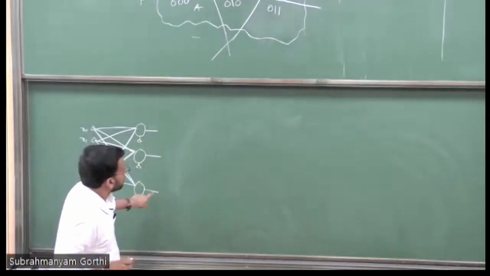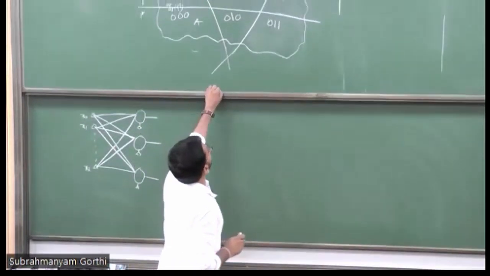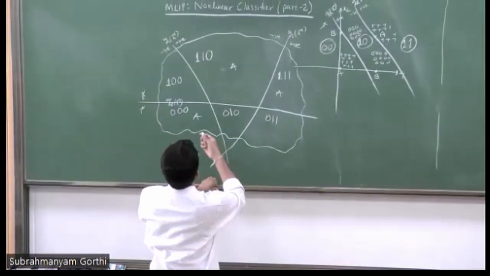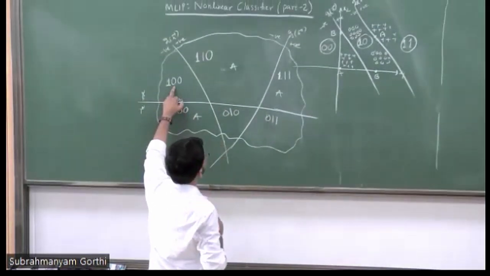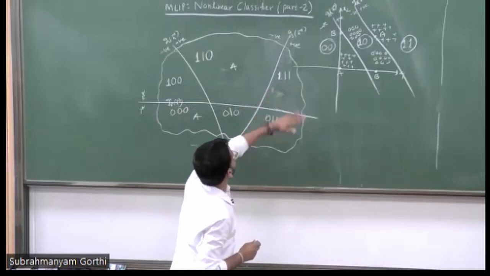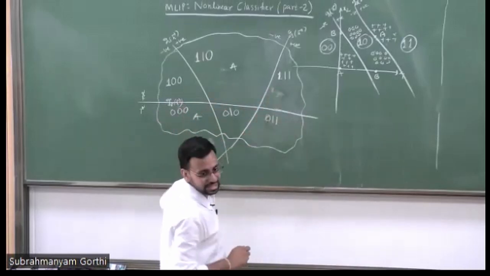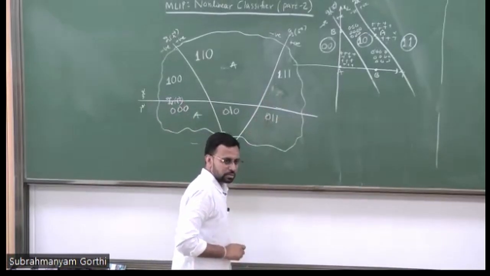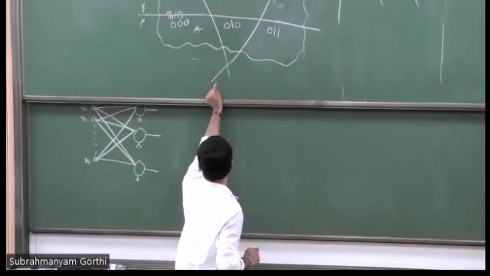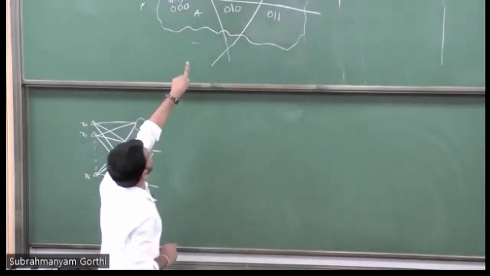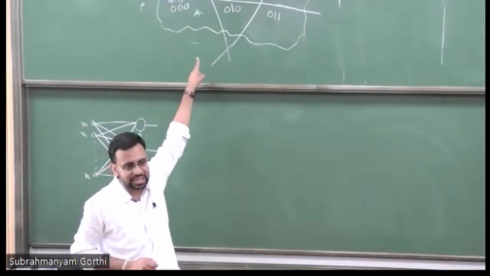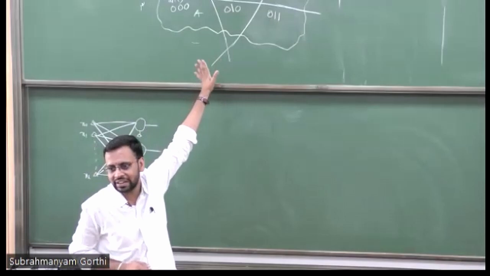Now, assume, just to keep it simple, that there are only 2 regions. As I said, there could be instances where you could do it with fewer neurons also. This is something that guarantees you. So assume my class A is spread in just 2 polyhedral regions.